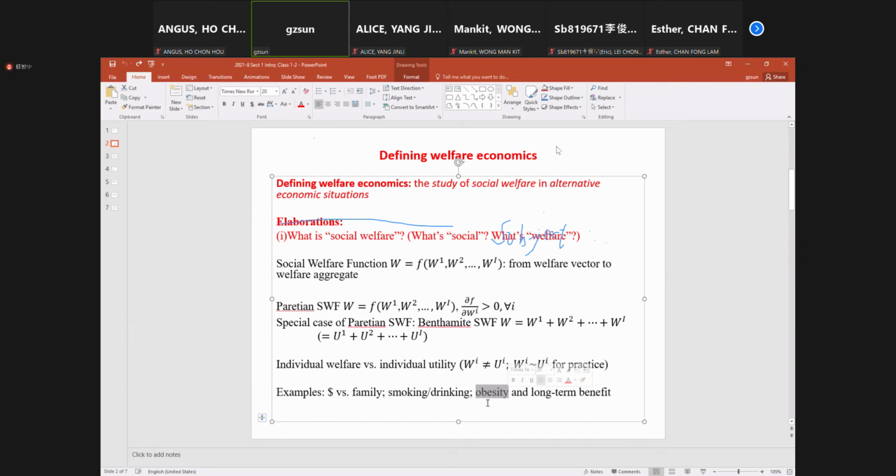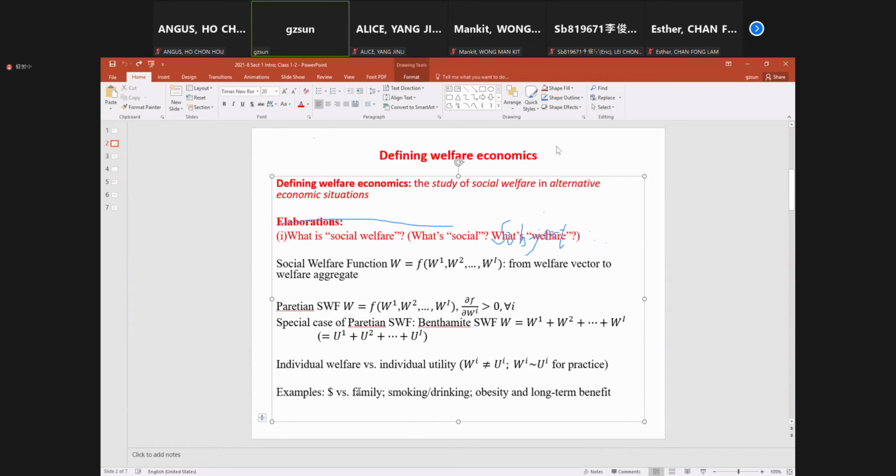Their utility for the moment is somehow maximized. But the parents care about the long-term harm of being too fat. So again, here we find the two concepts, utility and welfare, as far as being overweight is concerned, diverge from each other. They are not the same thing.